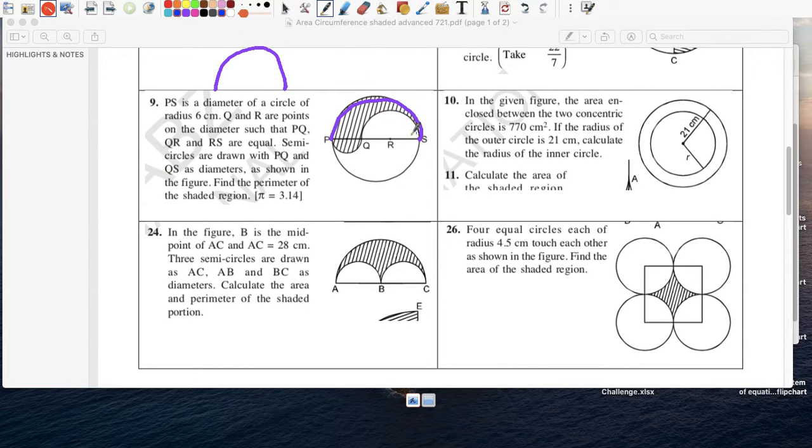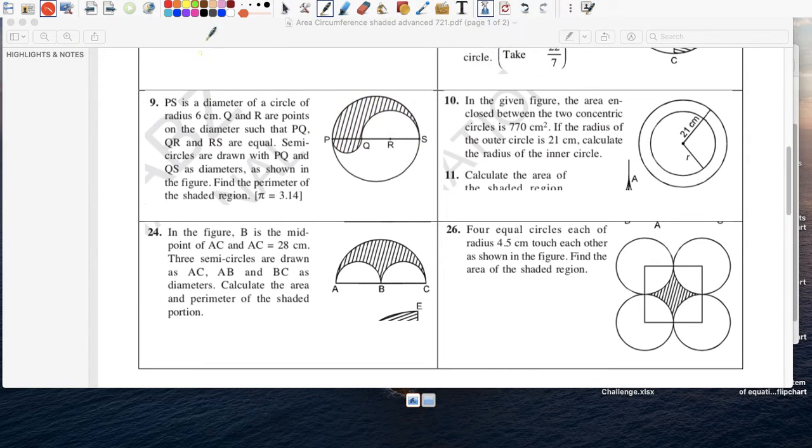The second portion is the medium semicircle. And the third portion is this green part, which is a small semicircle. So you need to find the area of 3 different circles, divide them all by 2, and then add up. Sorry, not the area. You need to find the circumference of 3 different circles, a big one, a medium one, and a small one, and then divide them by 2 because we only want half the distance of that circle, and then add them up.